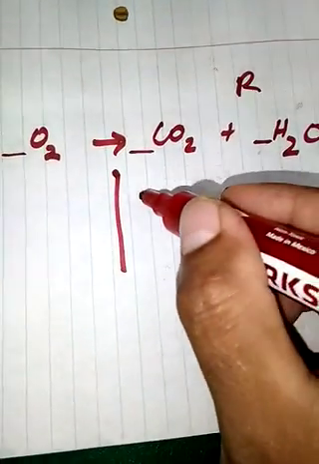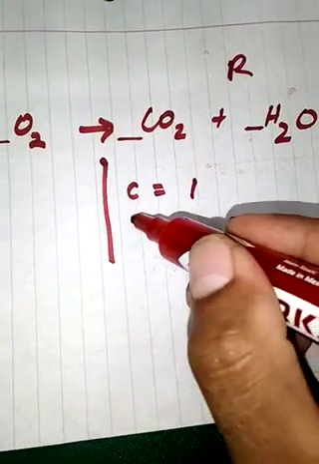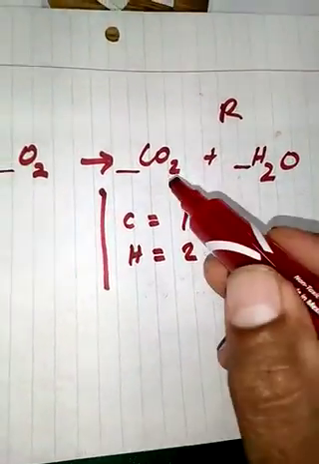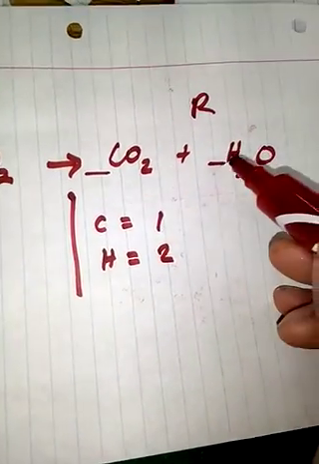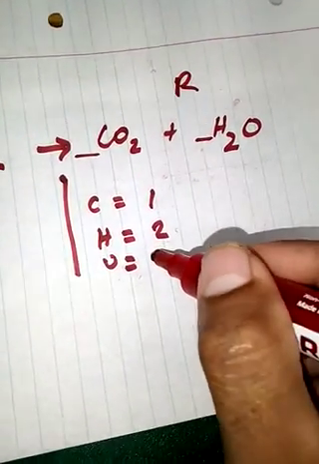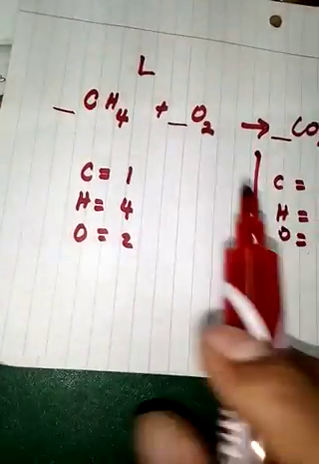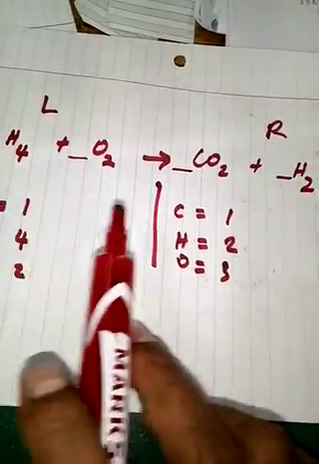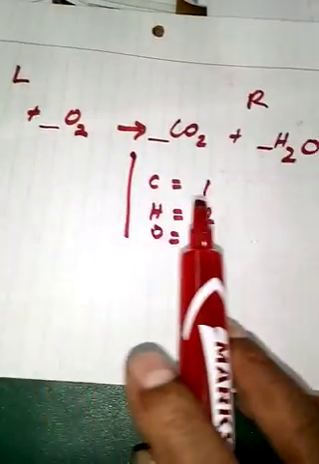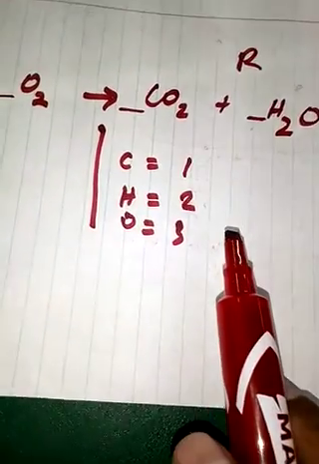On your right, carbon 1 and hydrogen 2, and then oxygen is 2, add another one, oxygen gives you 3. So on the left side carbon 1, on the right carbon 1, hydrogen 4, hydrogen 2, oxygen 2, oxygen 3.